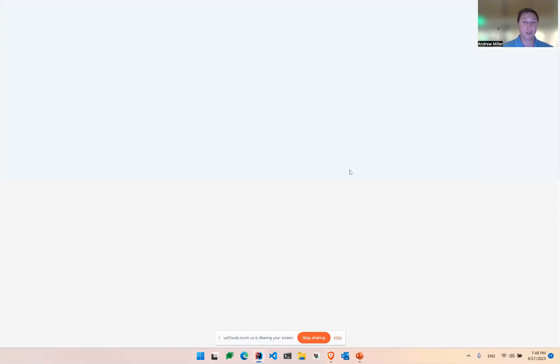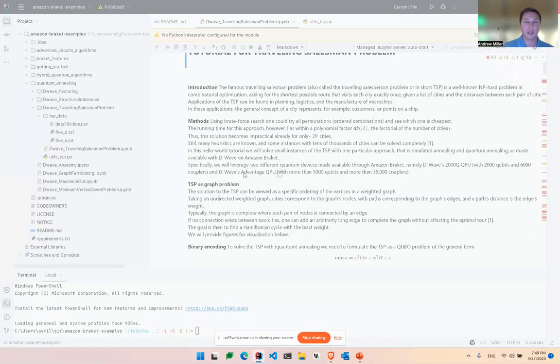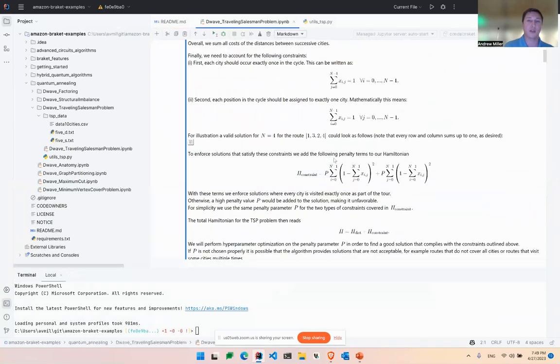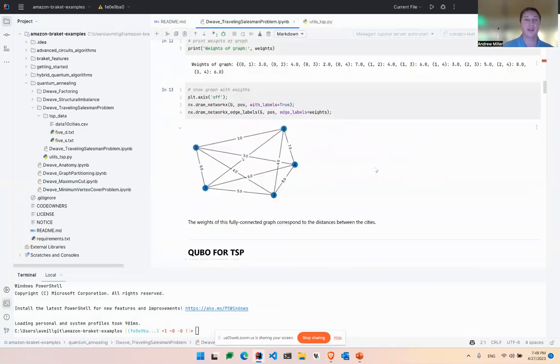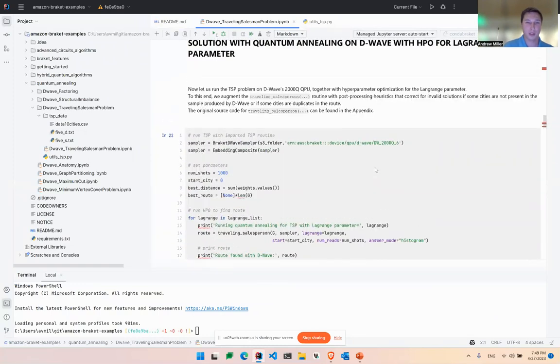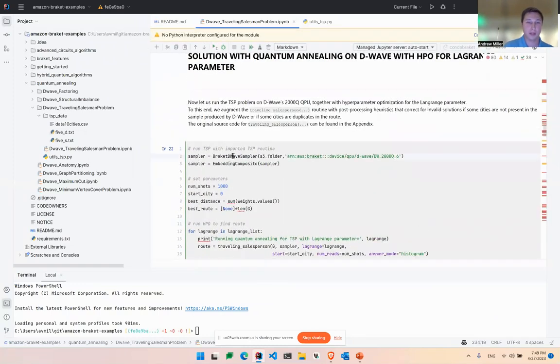I can probably show you what the Braket version of this looks like, just kind of a skim version. It's on an older machine, and they go through all the equations, all the math, but in the end they use the Braket API to interact with the machine, and they specify the machine.